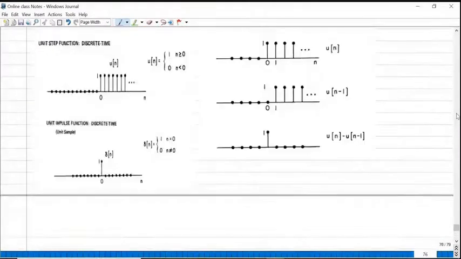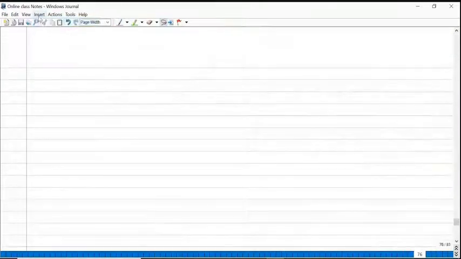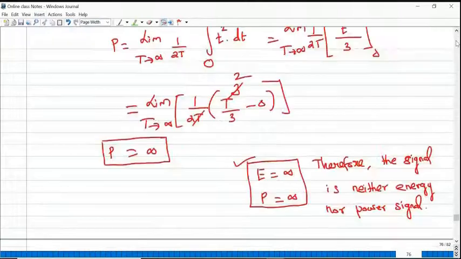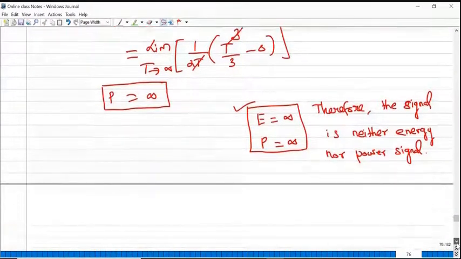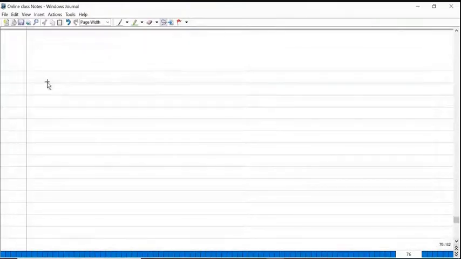Are you clear about this topic: energy signal, power signal, and how to calculate the energy and power of the signal? Shall we move on to the next topic?